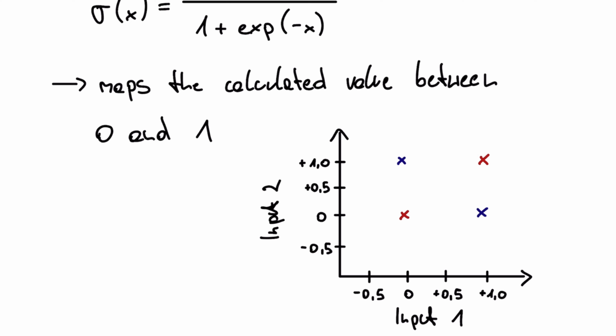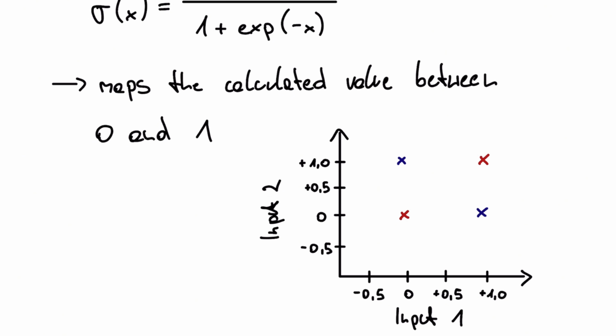And what we want to do now is separate between 0,0 and 1,1, because they both should give the same output, and between 0,1 and 1,0, because they also both should give the same output. That means we need a line in the diagram that separates the values so that we can say these two values belong together and these two values belong together. And the way we have it so far, that doesn't work.